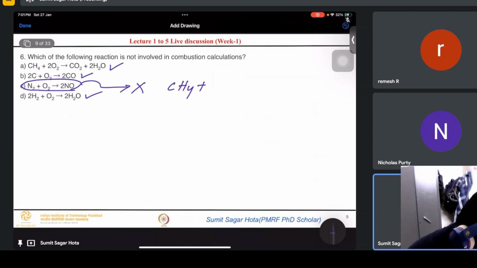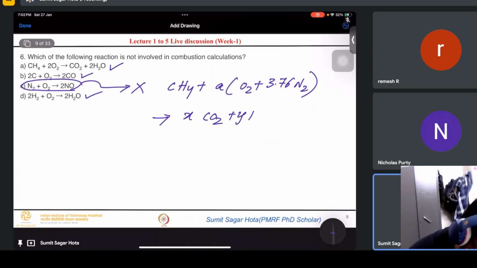The correct way is, you see, CH4 plus a times (O2 plus 3.76 N2) gives X times O2 plus Y times H2O plus Z times N2.